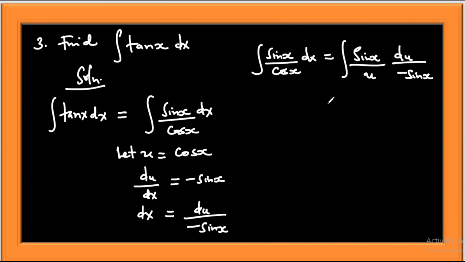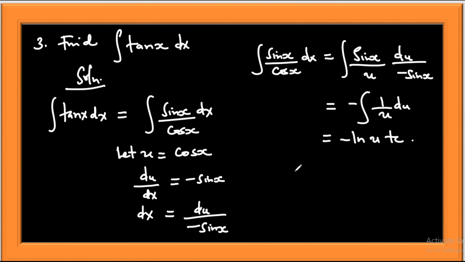When you cancel out the sine x, you remain with a negative, which can be outside the integral sign, and then we have the integral of 1 out of u du. But you know, the integral of 1 over u is the natural logarithm of u, or ln u. So I will say minus natural logarithm of u plus a constant.